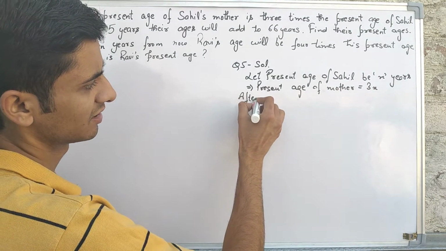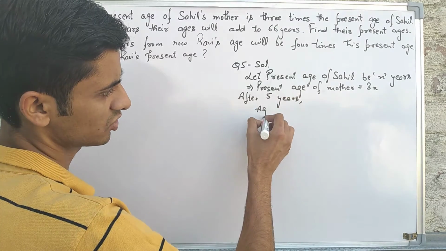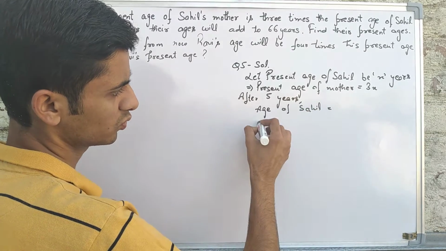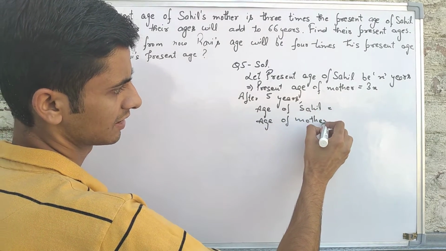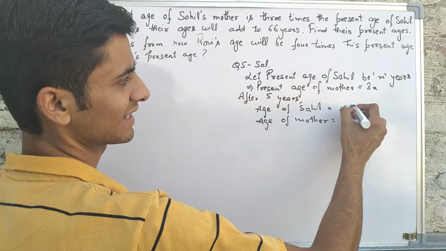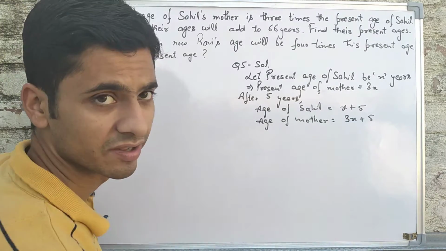After 5 years, what will be the age of Sahil? Obviously x plus 5, mother 3x plus 5.